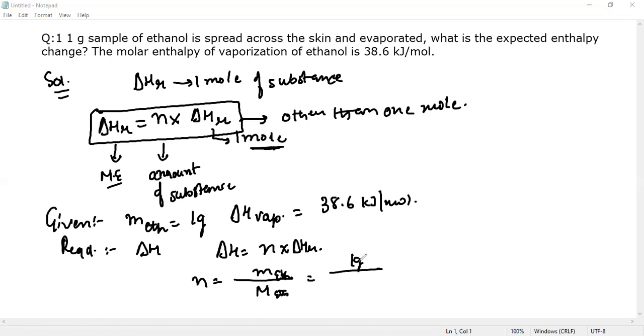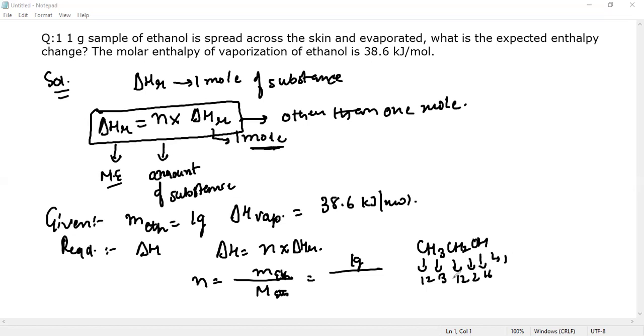How do we find that? The molecular mass for ethanol, CH3CH2OH: carbon weighs 12, 3 hydrogens weigh 3, this carbon weighs 12, this weighs 2, this weighs 16, and this one weighs 1. So you add them.